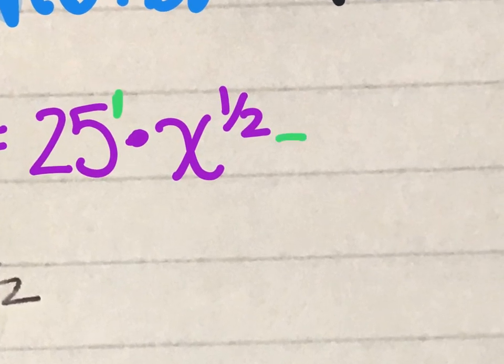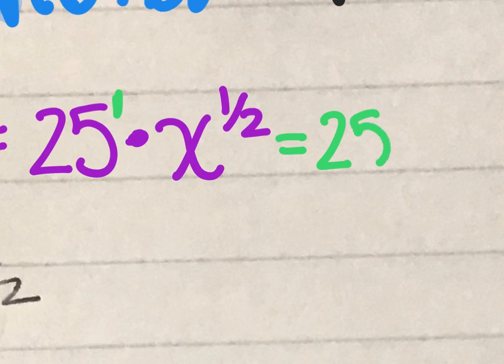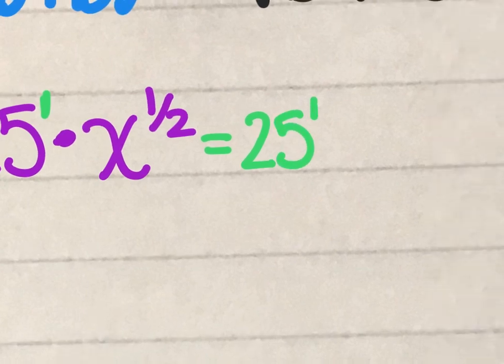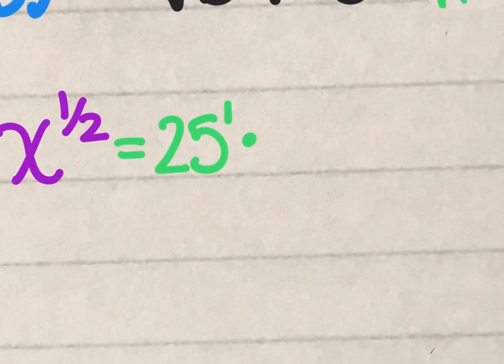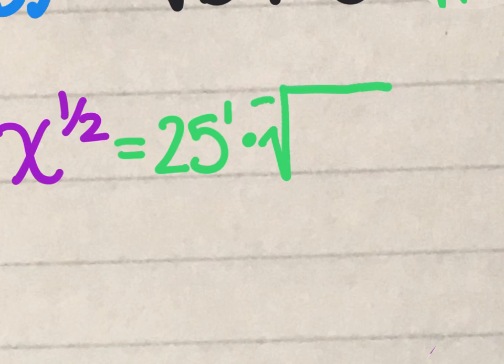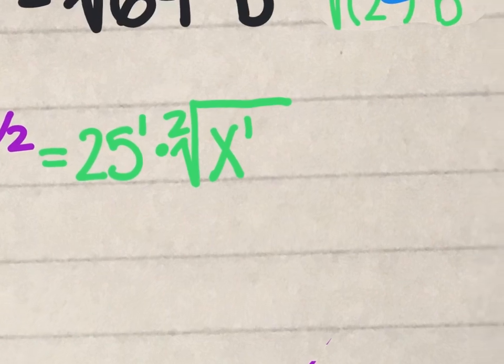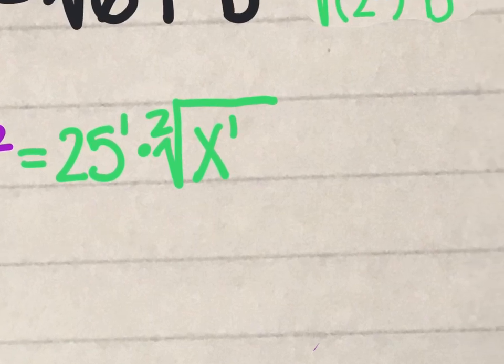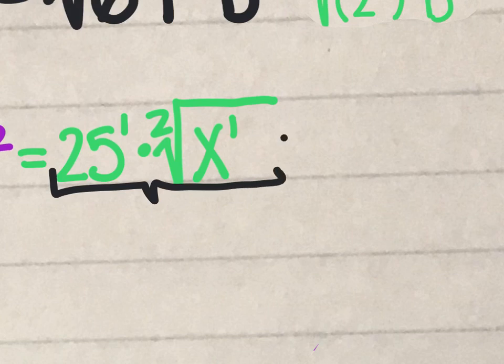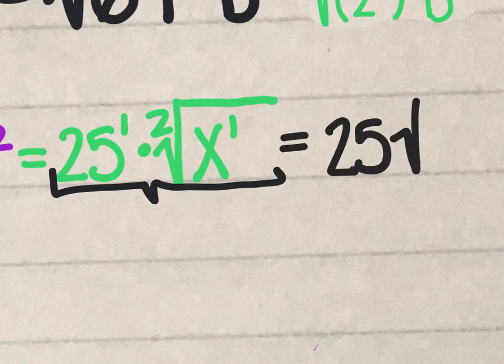So we get 25 to the 1st times the square root of x to the 1st. This can be pushed together, so more clean would look like this. 25 square roots of x.